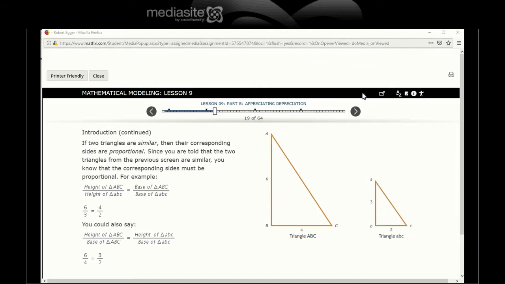And if they're corresponding sides in similar triangles, they're also proportional to each other, which means the ratio of these two sides, which is 6/3, will be proportional.